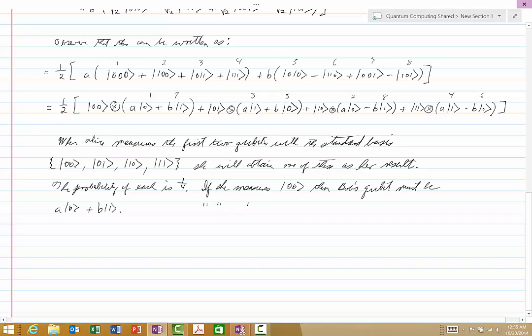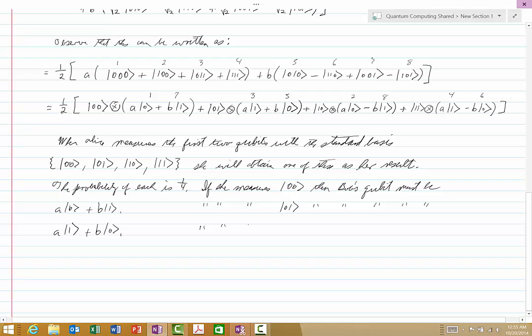If she measures 0,1, then Bob's qubit must be A1 plus B0.